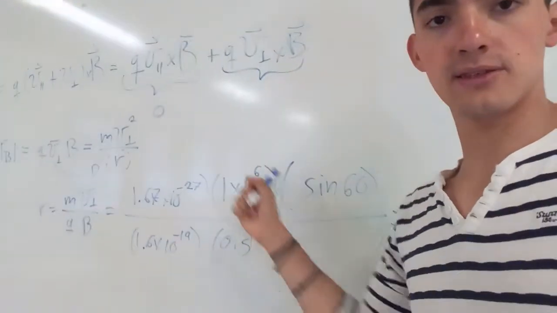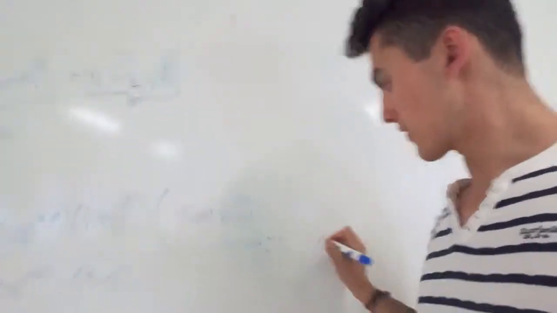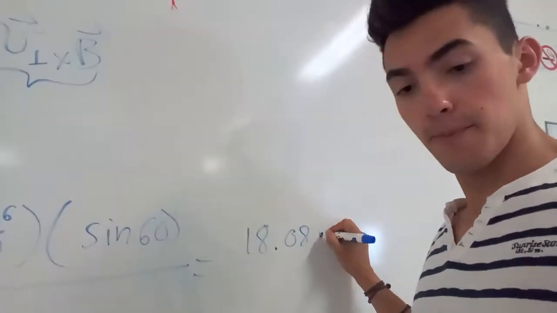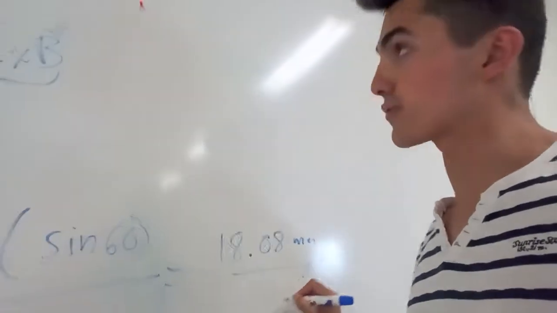Once we make this operation, we obtain that the radius is equal to 18.08 millimeters. And this is for part B.